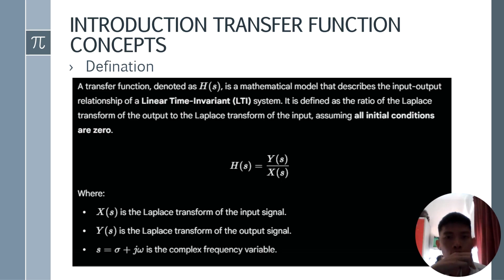Assume all initial conditions are zero. X(s) is the Laplace transform of the input signal. Y(s) is the Laplace transform of the output signal. Then we get the complex frequency variable.